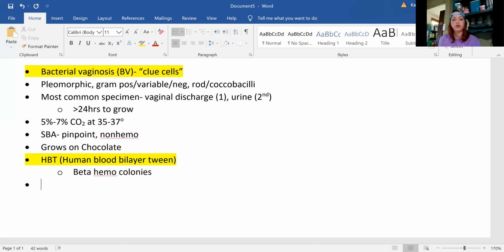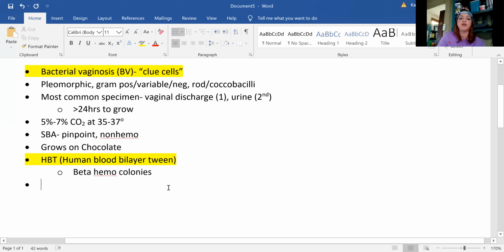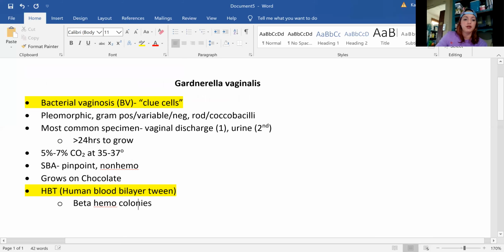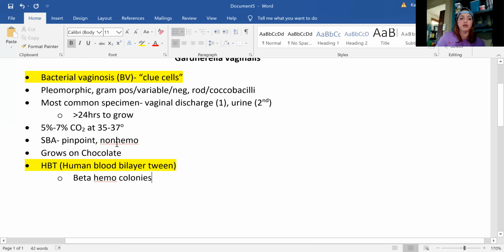Because what more would you want to do with your career than take a nice whiff of vaginal odor? Usually they're going to do those before culturing your Gardnerella. They still send it off for culture, but it's not really the definitive thing. They're going to treat it probably before that culture ever comes back, especially since it takes over 24 hours to grow.